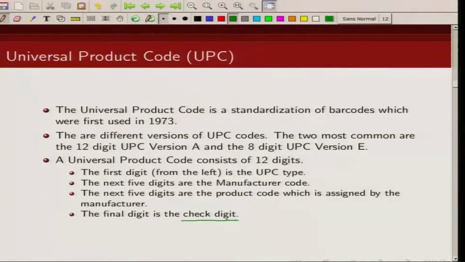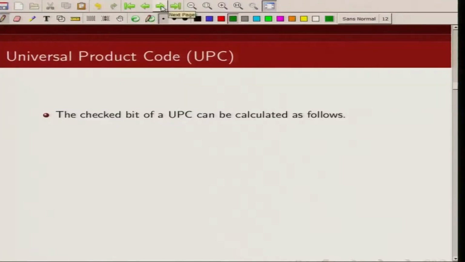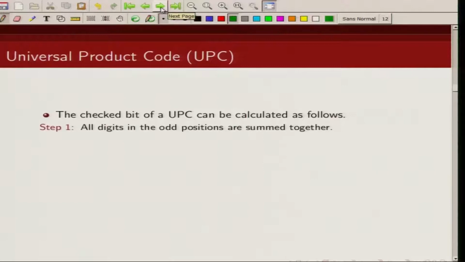So, how is this check bit computed? This check bit is computed as follows. All digits in the odd positions are summed up. You have this UPC number, which is like A1, A2, A3, A4 up to A12.